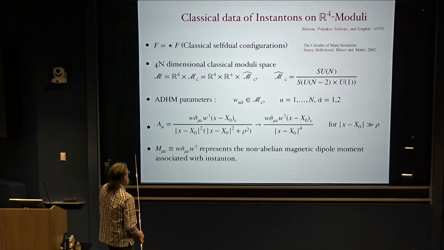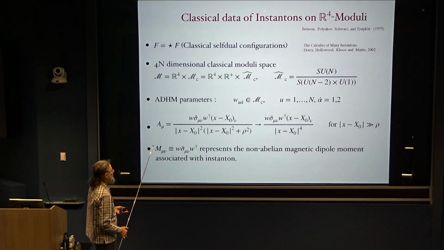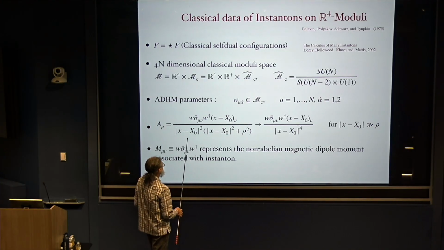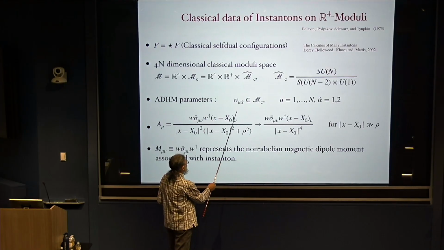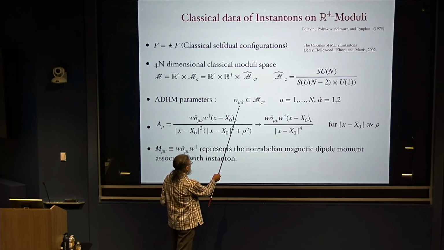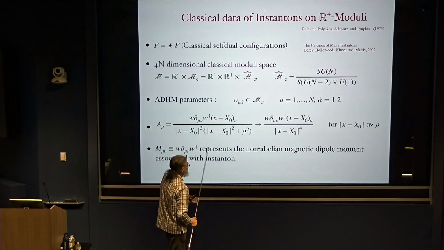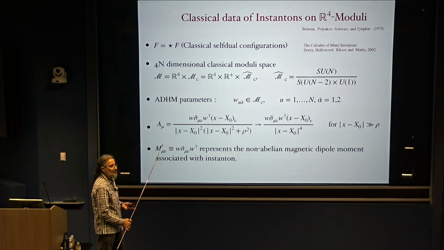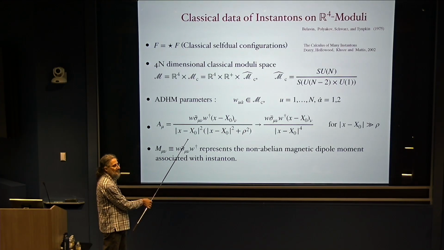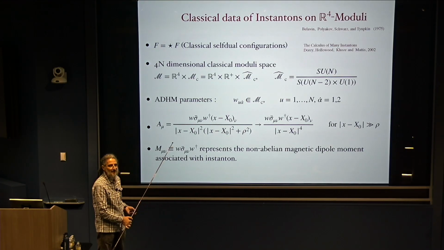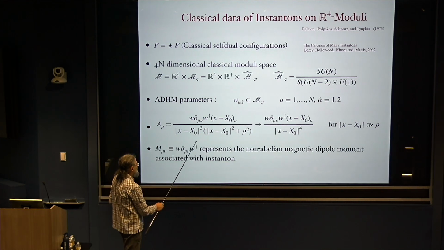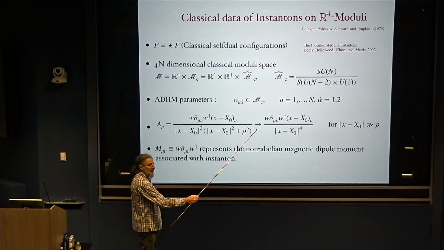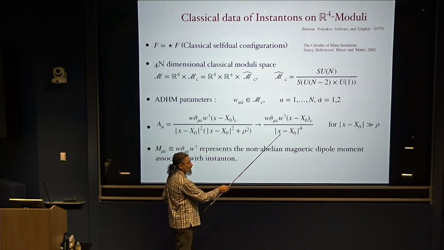Never mind. There is a very elegant parametrization of the instanton. These are in terms of so-called ADHM parameters. These are a set of n spinors, which I denoted with W. You can think of it as an m by 2 matrix. And you can write down the instanton solution. This is in singular gauge because computations are easier in singular gauge. In this form, you should notice that if we are looking at the instanton at large distances, it reduces to this form.